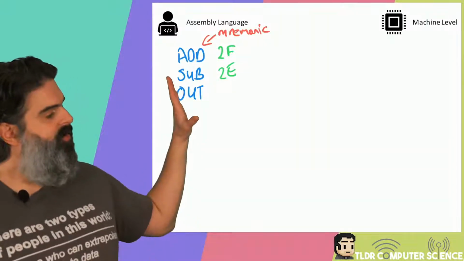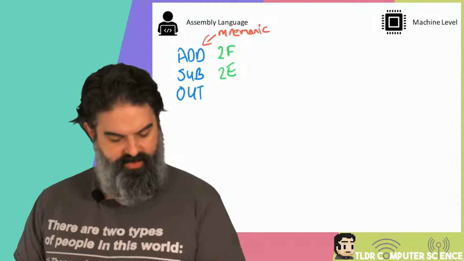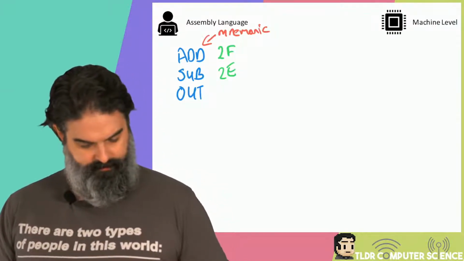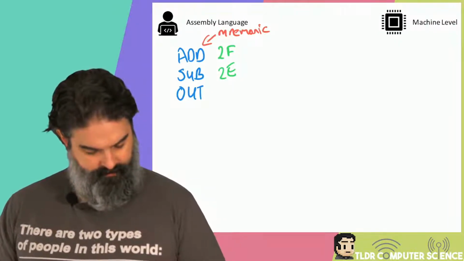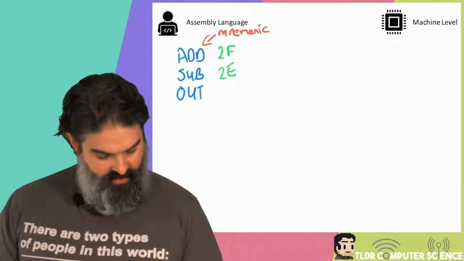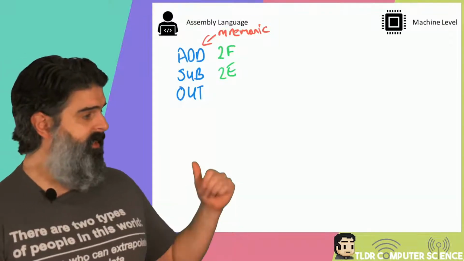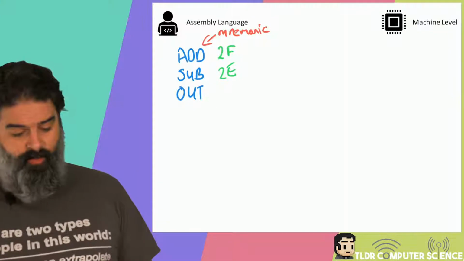Now, do you think you could run that directly on the computer? Can you run that directly on the computer? What do you think, people? Completely agree with you. No, because remember, the computer will not understand these things. It only understands ones and zeros.